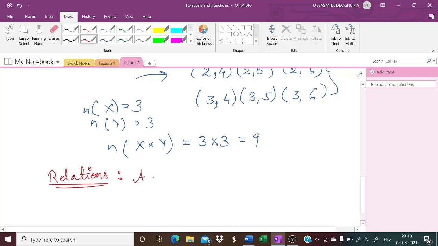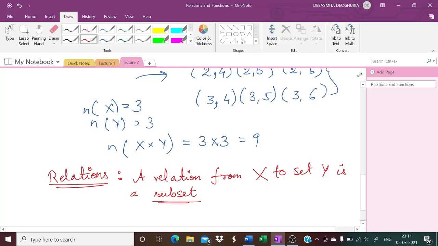Now a relation from set X to set Y is a subset, okay, subset, important thing, subset of X cross Y, that is the Cartesian product.